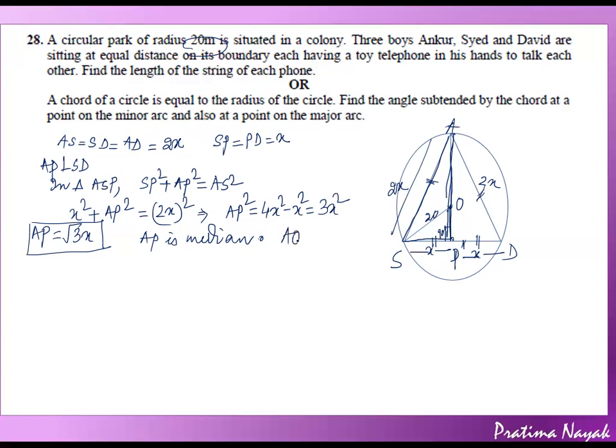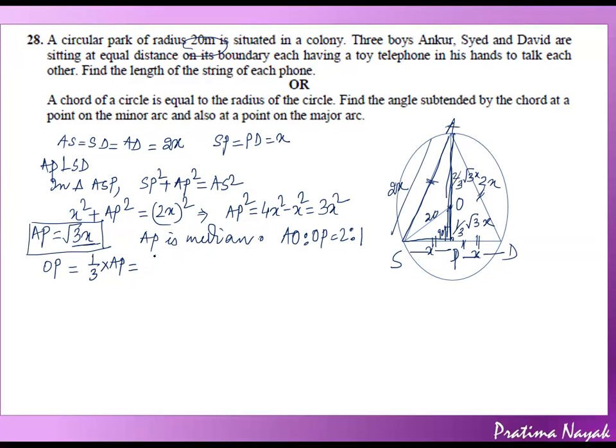AO is to OP is equal to 2 is to 1. And the whole length is root 3 x. So OP is equal to 1 by 3 into AP, because AO is 2 and this is 1. So AO will be 2 by 3 root 3 x, and OP will be 1 by 3 root 3 x. And from this I got AP is equal to root 3 x.